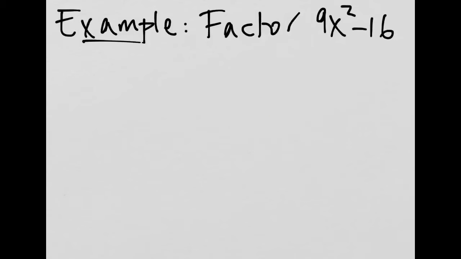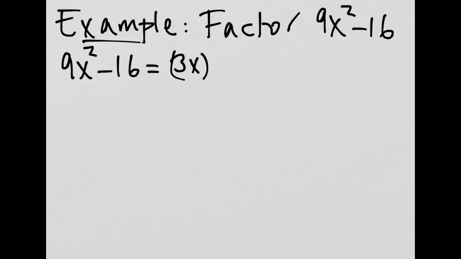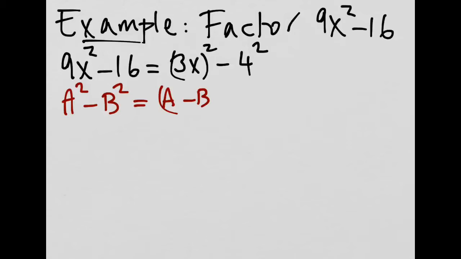Next, let's factor 9x squared minus 16. 9x squared minus 16 can be expressed as 3x quantity squared minus 4 squared. Again, notice this is of the form a squared minus b squared, which can be factored as a minus b, a plus b.